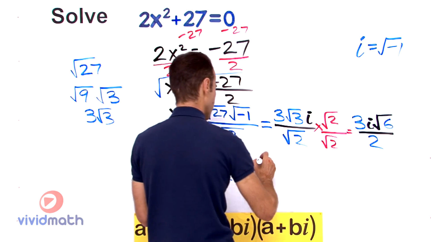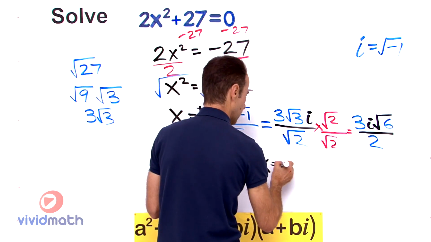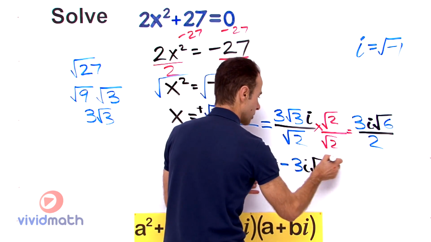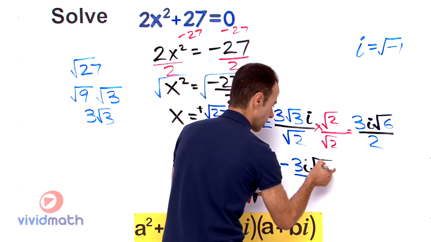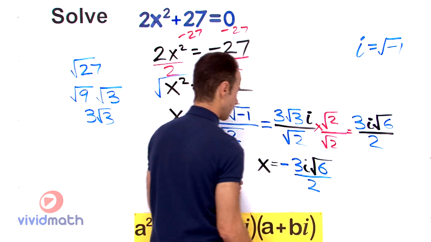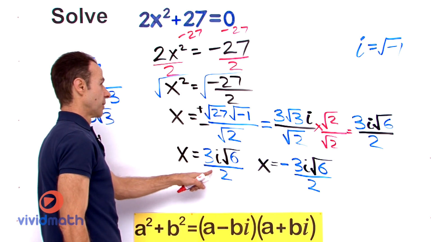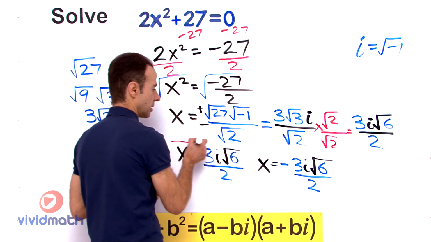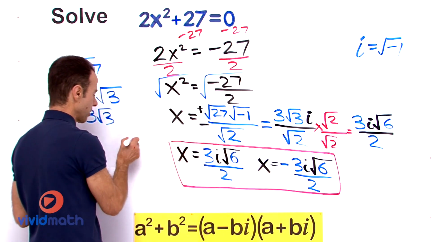And the other solution will equal negative 3i root 6 on 2. Let's have a look here. That's our two solutions. Root 6, root 2. Yep, that's correct. So we've got two solutions and they're both imaginary.